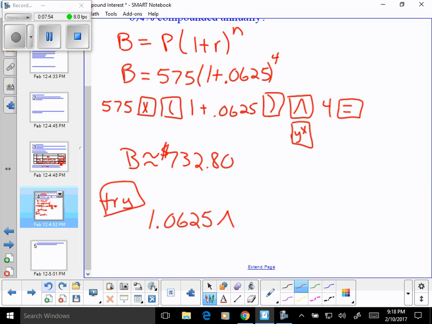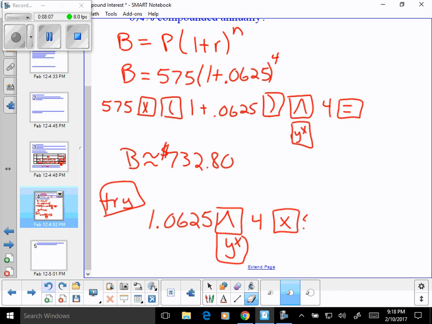Then I hit my power key, or my y to the x key. Then I hit 4. Then I hit times my 575, and then equals, and it comes out to the same answer. And quite frankly, for me, this is much faster than going through and hitting all those parentheses buttons. So it's up to you what you want to try to do, okay?